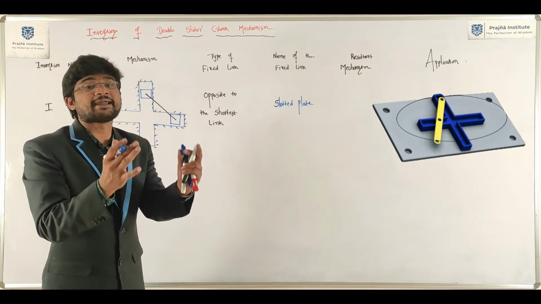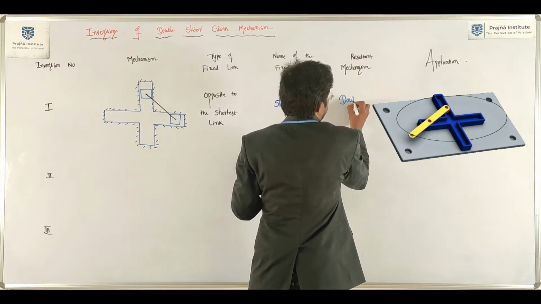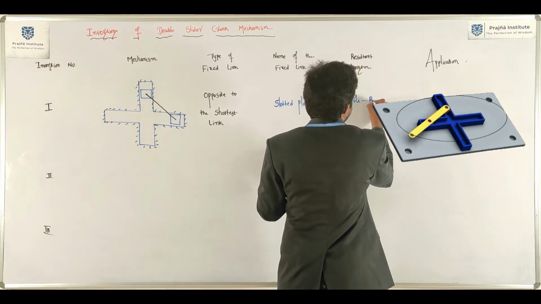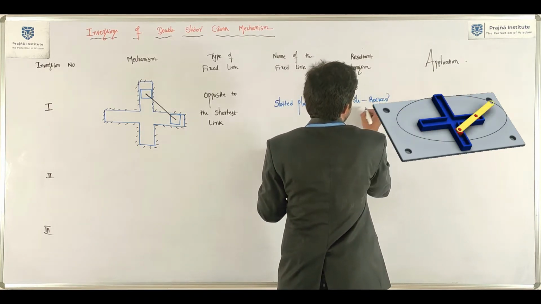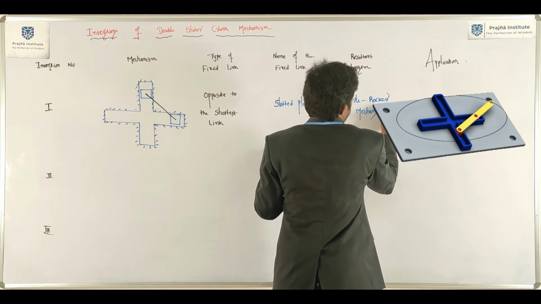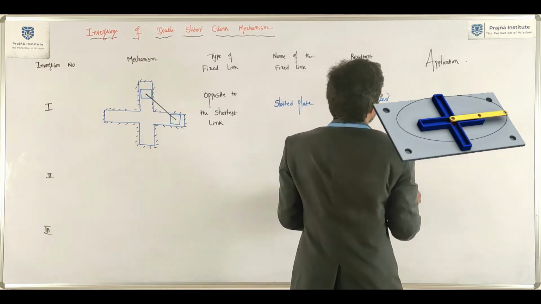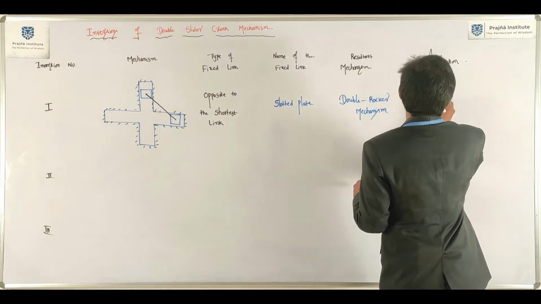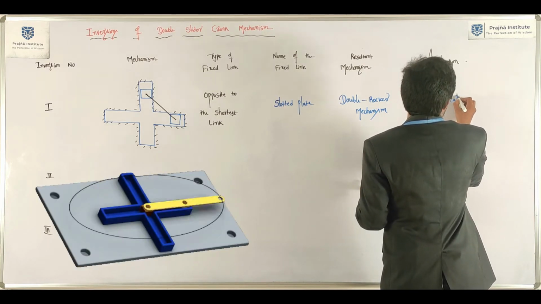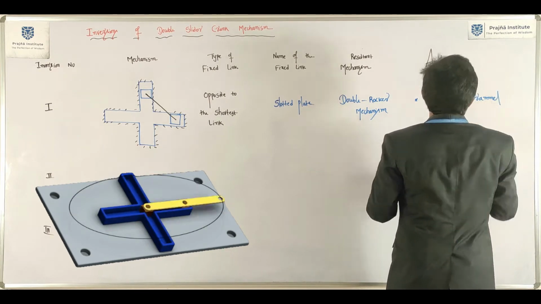The resultant mechanism is the double slider or double rocker mechanism. Application is the elliptical trammel.